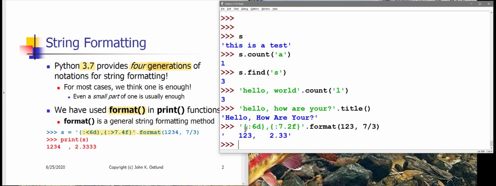Okay, so curly brace colon 6D close curly means specify a format that is 6 characters wide for a decimal or base 10 int value. And integers and floating point numbers by default are displayed right justified. Then we have a literal comma that's just displayed as is. And then we have a 7-character wide field in which we're going to have 2 digits after the decimal point.